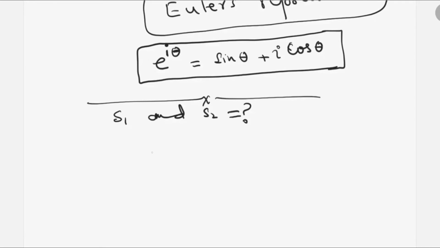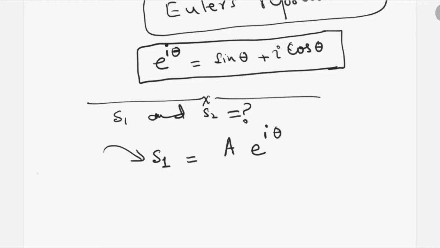Just look at this. We have s1 as a complex number, and I would say that I can present it as A e to the power iota theta. What is this?